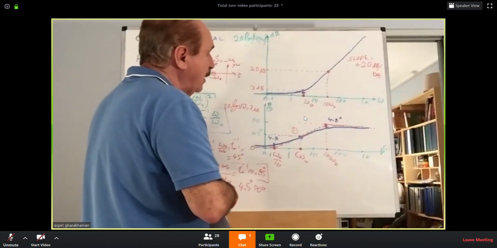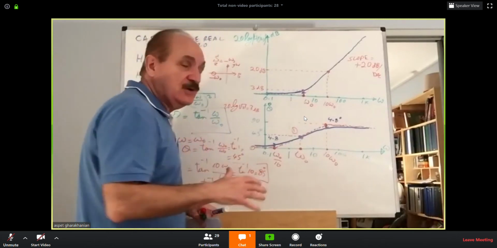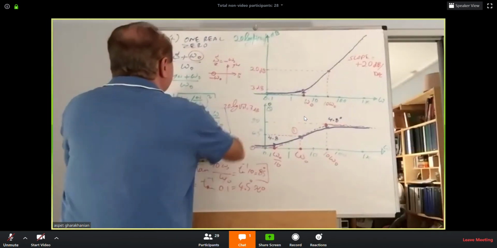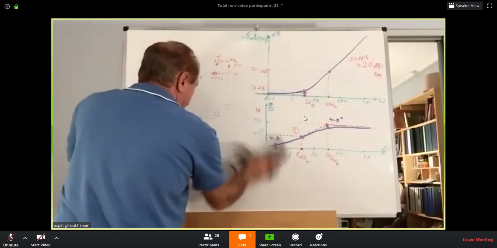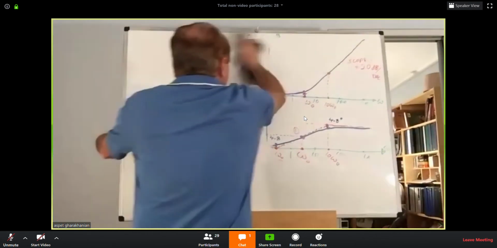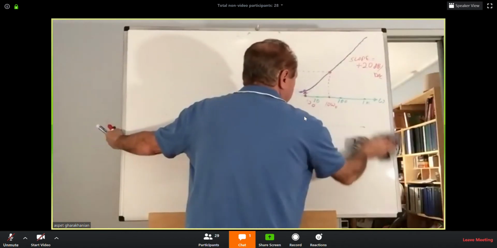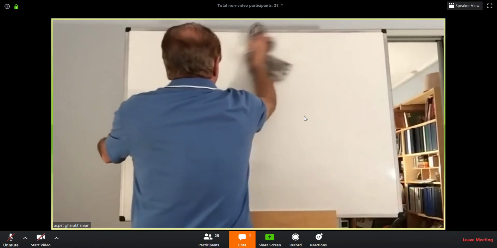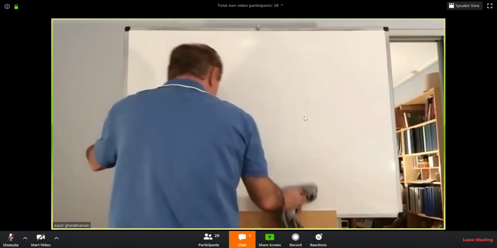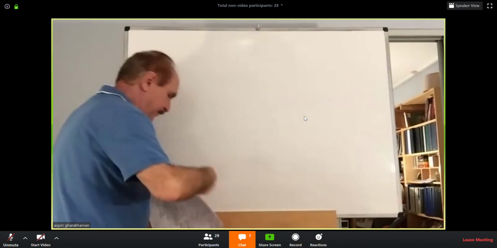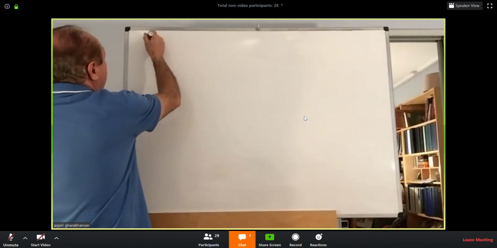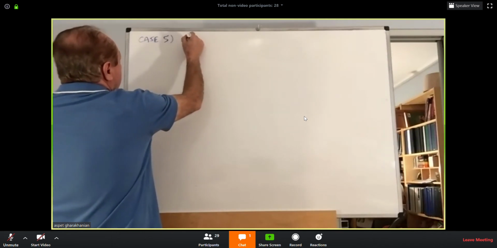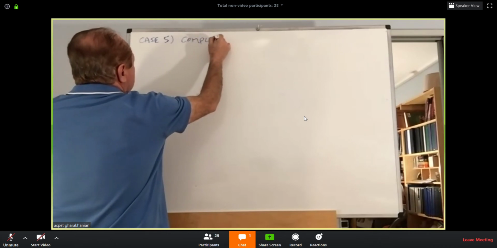But if you happen to have a complex pole, it does have a normalized form of its own, which I will refer you to your book. Here. Case 5, complex poles.